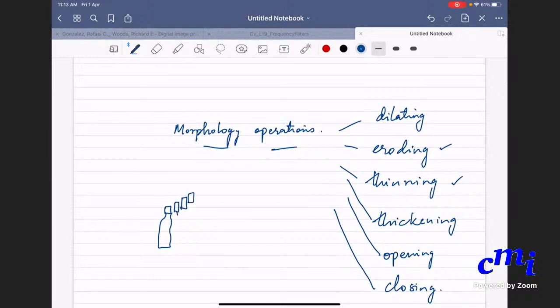Sorry, my drawing is not so good, but these bottles are stacked one behind the other like this. Suppose you want to count these bottle caps. So you do some kind of thresholding, and you change this original image to a black and white image.